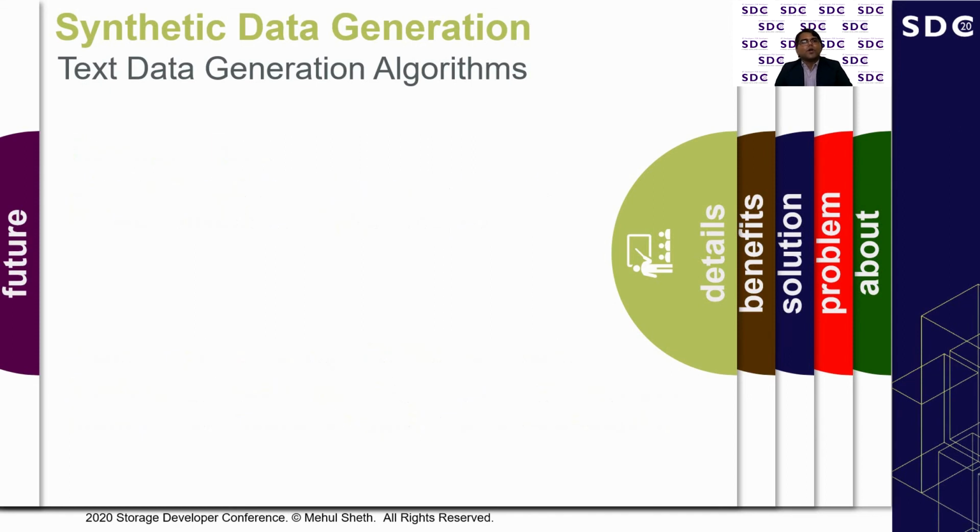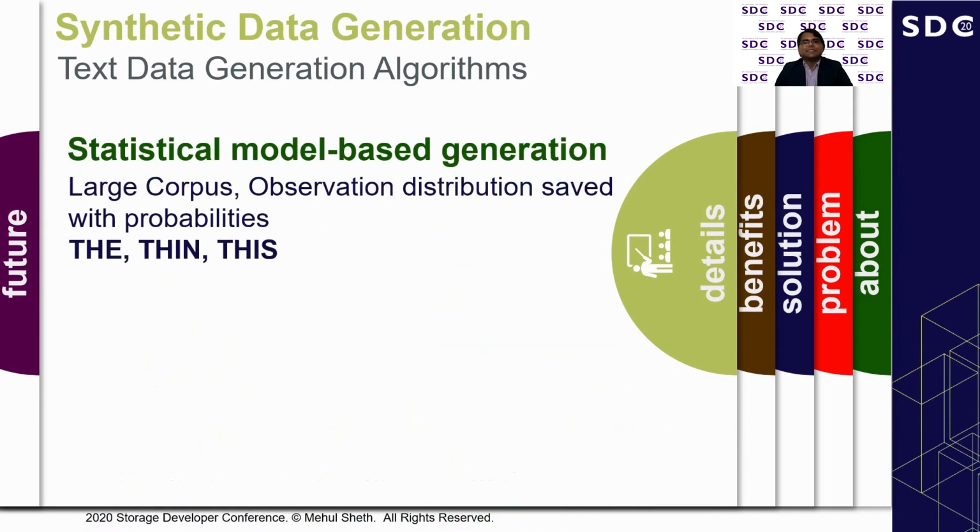Moving to more complicated algorithms, I explored a statistical model. If you have a large corpus of words, you can parse it and save distributions with probabilities. For example, if you have a corpus of these 3 words, the probability of the first character to be T is 1.